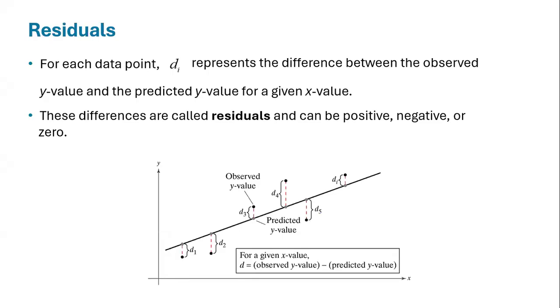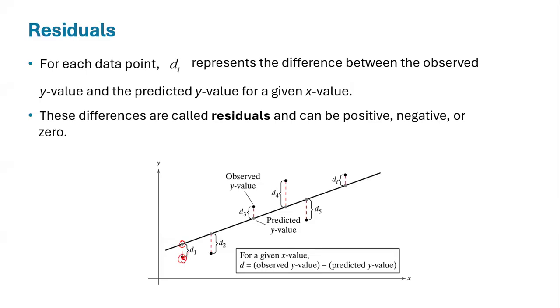To find the regression line, we need a line between the points that has the minimum residual. What is a residual? Residuals are the distance between the observed point, the actual point, and the point that the regression line represents at that specific x value.